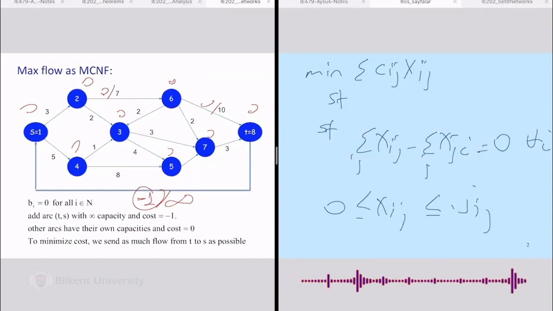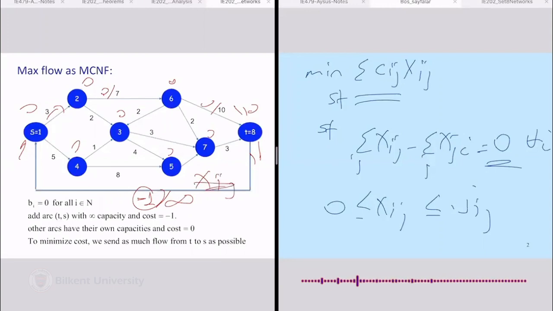Sending 1 unit, then if one enters T, one should leave T, because flow balance says anything entering T should leave T, and it has to go back. So if one enters, one should also leave. That's the flow balance: sending 1 unit and making a cycle maybe, or a couple of connected paths. But if I only send 1 unit, my objective function will be -1. If I can send 2, my objective function will be -2. So the optimization will try to send as large a value as possible over this x.